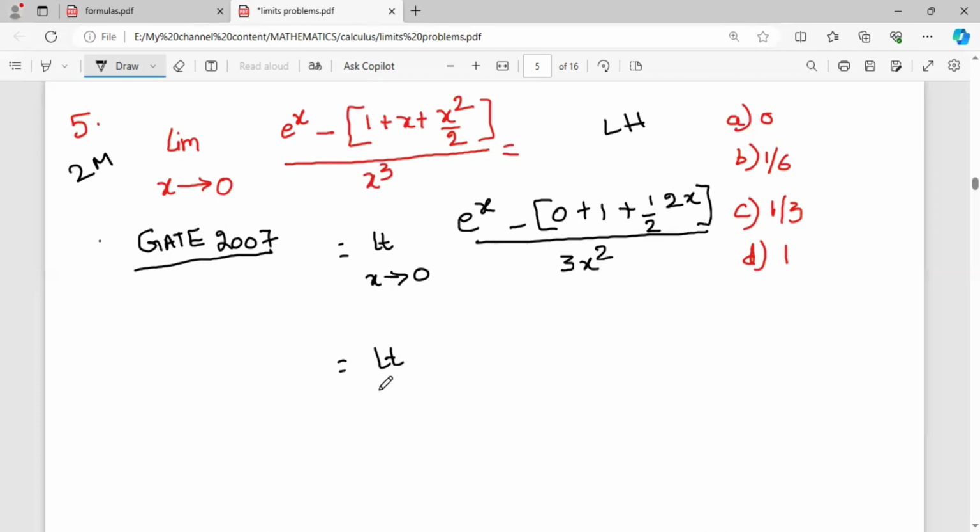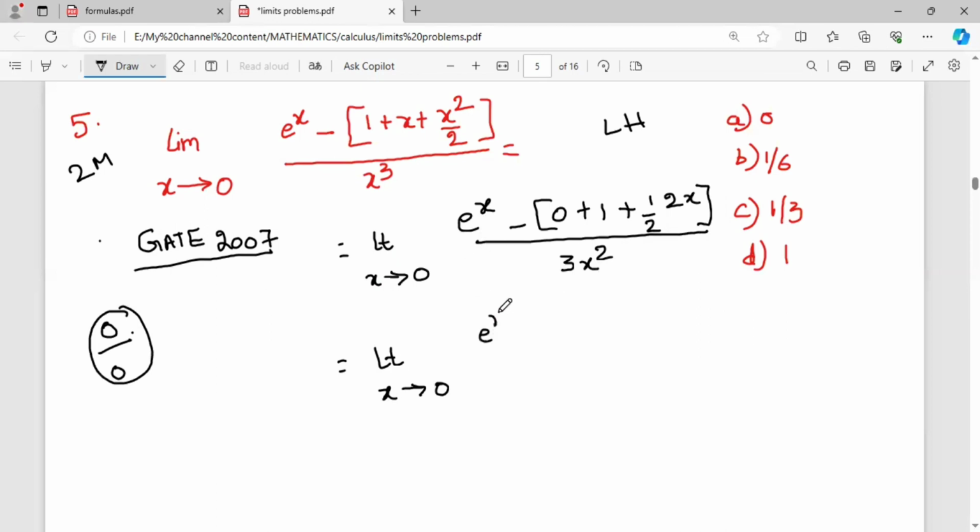Next, again you have to do the differentiation. Up to here, if you substitute 0, you get 0 in the numerator and 0 in the denominator, so it is unsolvable. So again you do the differentiation.